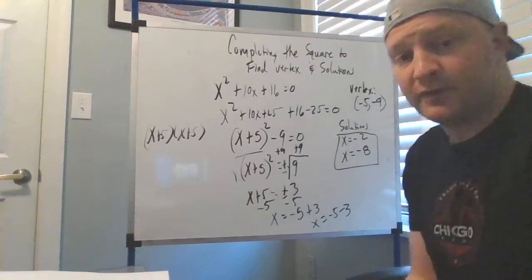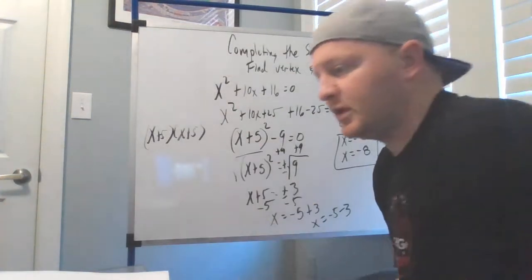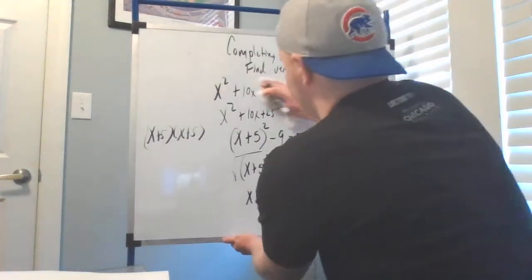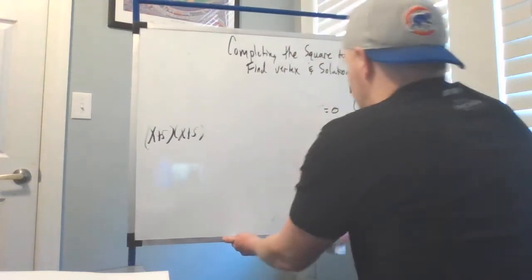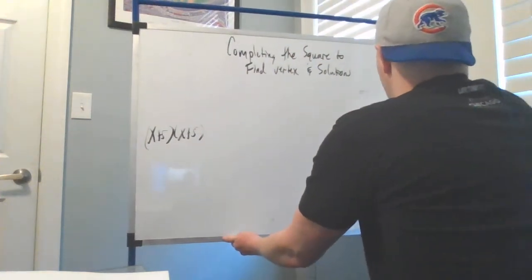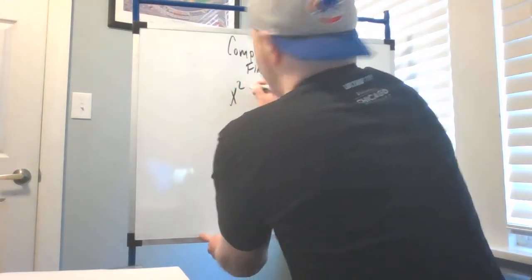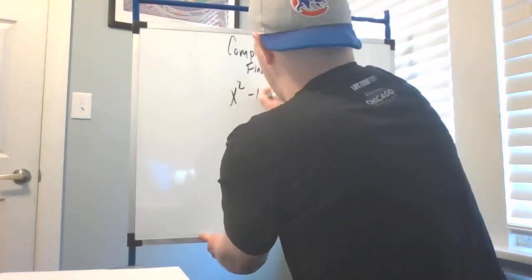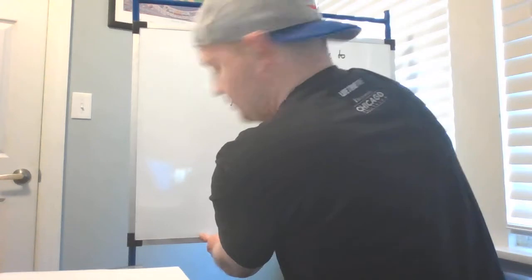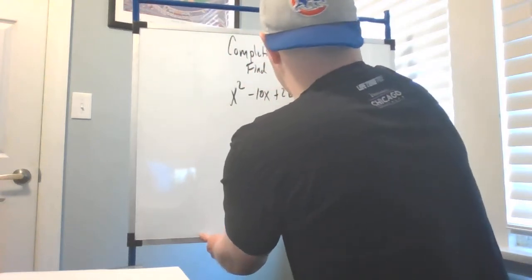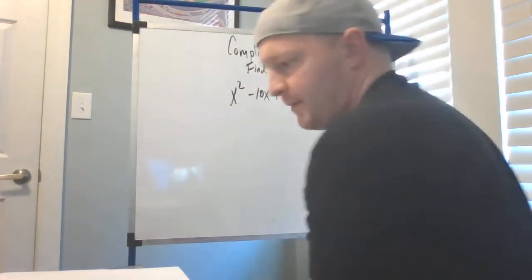So we're just finding vertex and solutions. Now let's do one a little more challenging, okay? So, do 2 more examples, then we'll call it quits. Just so you guys know where we're going with this. All right, let's say I have x squared minus 10x plus 26 equals 8, okay?